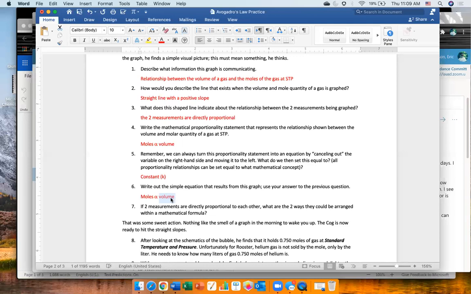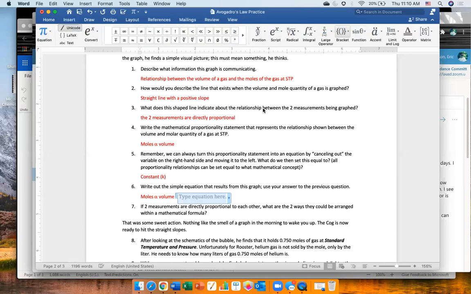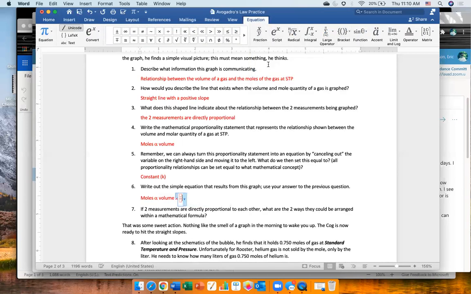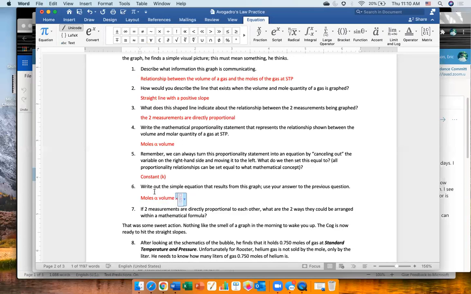So if I wanted to cancel this, because right now it's in the numerator, that means I need to multiply this side. So remember, you always do the opposite. If you're canceling stuff in math, you always do the opposite of what you want it to do. So here, I'm going to put a fraction down. I'm actually going to put a fraction down here too, to make it easier for you all to see what's going on.